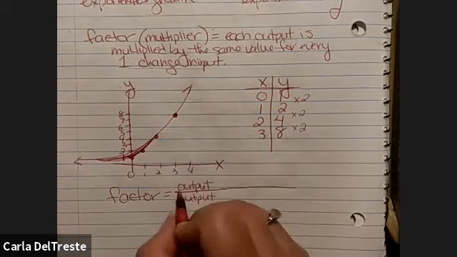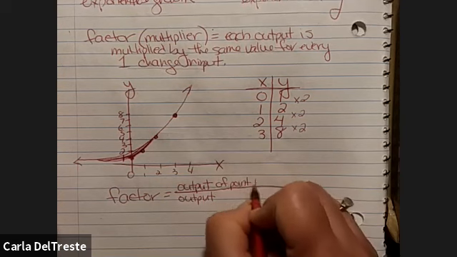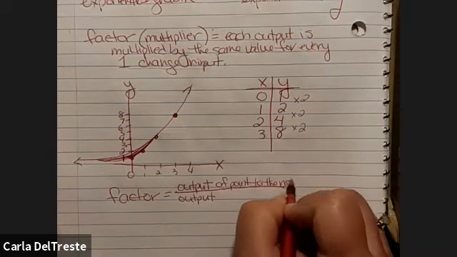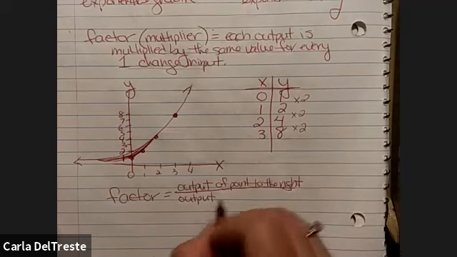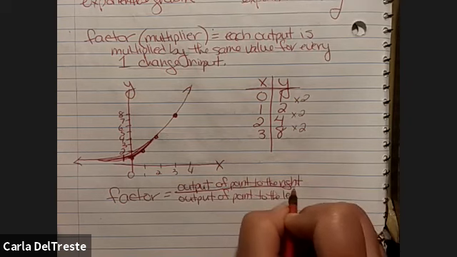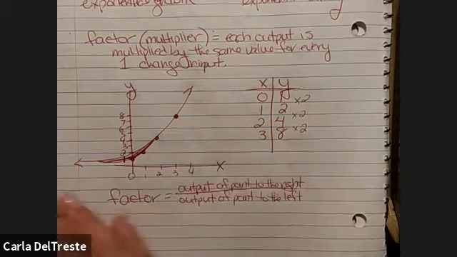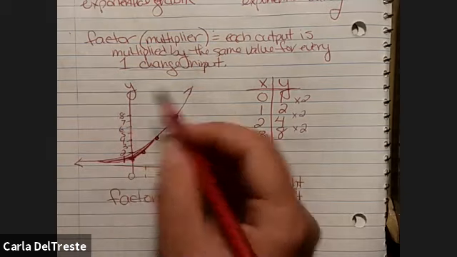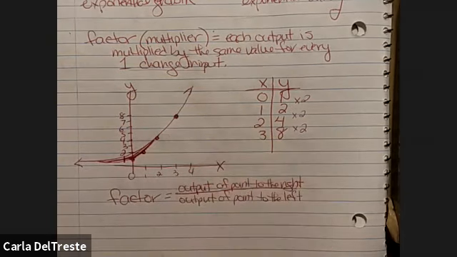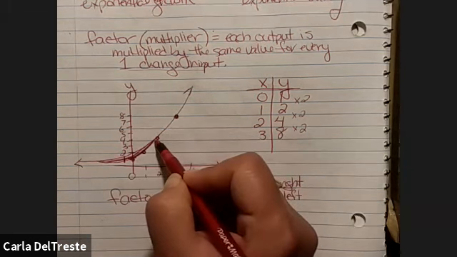So we're going to say it's the output of a point to the right divided by the output of a point to the left. And yes, it feels like that's backwards because we read from left to right. We don't do right first. But remember, this is the reverse of multiplication. I'm trying to figure out what the multiplication is. In order for me to figure out the multiplication, I'm going to have to divide in the opposite way.